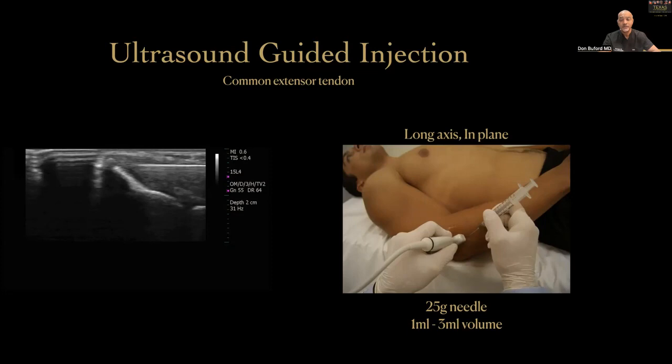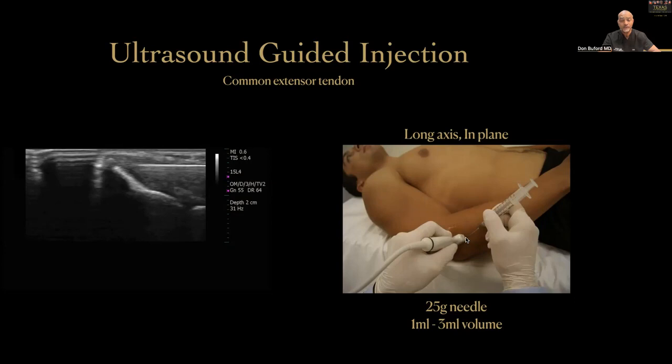The clinical image here on the right is showing an in-plane injection. So it's a long axis view of the ECRB origin, and it's an in-plane injection, meaning the needle is going to be visualized as a bright hyperechoic structure. If somebody's relatively small, then you can use the edge of the transducer as your entry point as you aim towards the proximal epicondyle.